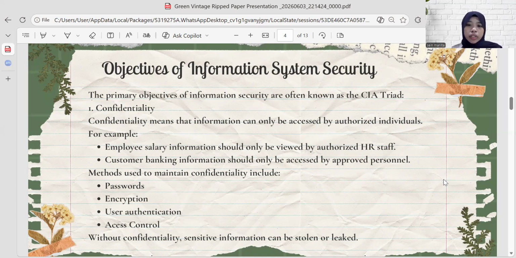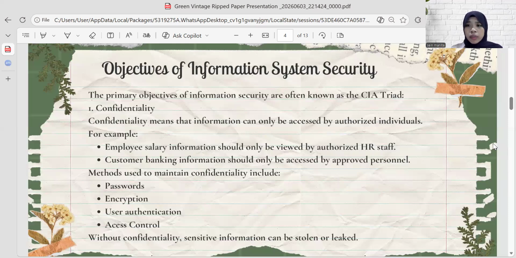Employee salary information should only be viewed by authorized HR staff, and customer banking information should only be accessed by approved personnel. The methods used to maintain confidentiality include passwords, encryption, user authentication, and access control. Without confidentiality, sensitive information can be stolen or leaked.